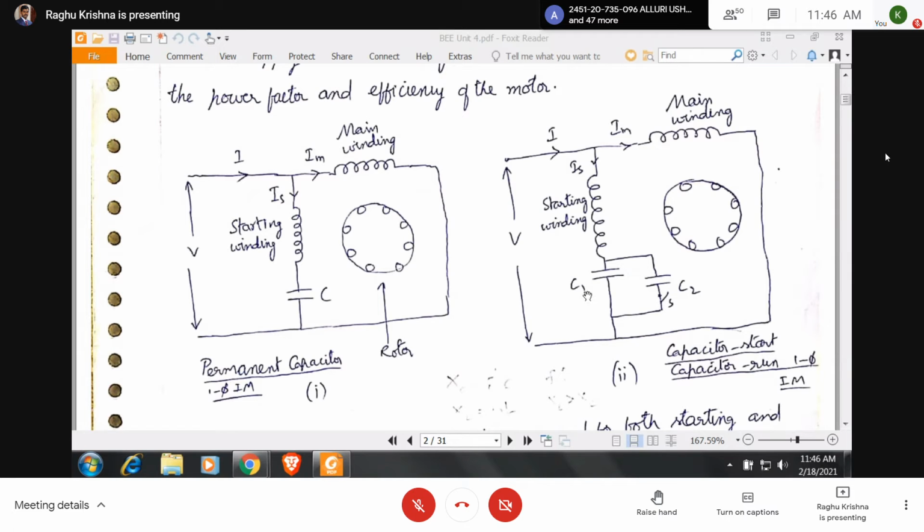If you add two capacitors C1 and C2, we can increase the capacitance, and the net capacitance is equal to C1 plus C2, since capacitors connected in parallel increase the capacitance. Here the switch is connected only at the time of starting. When the rotor achieves sufficient speed, the switch is opened.